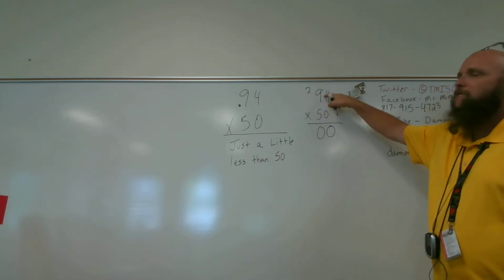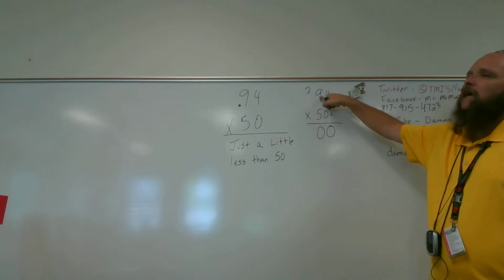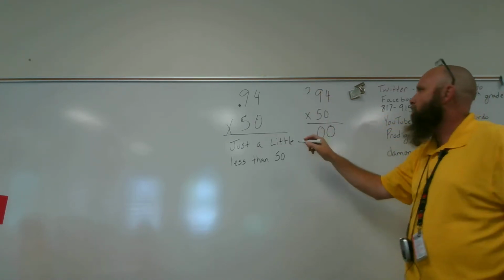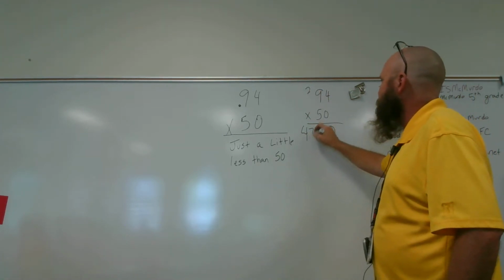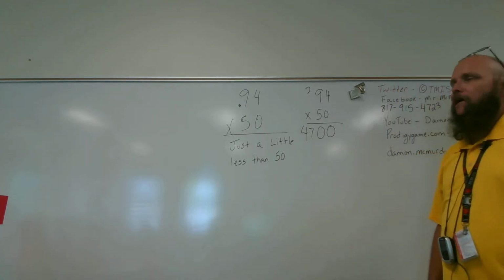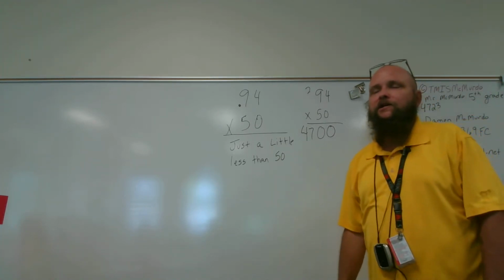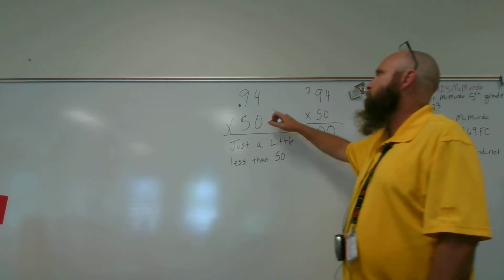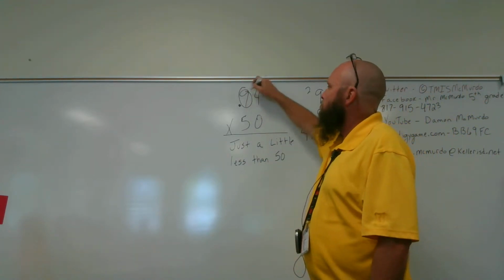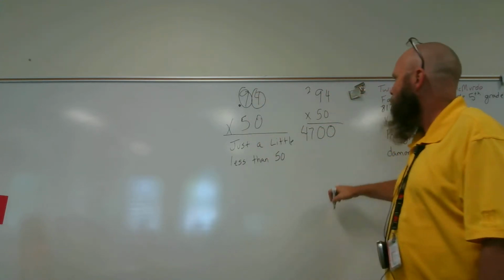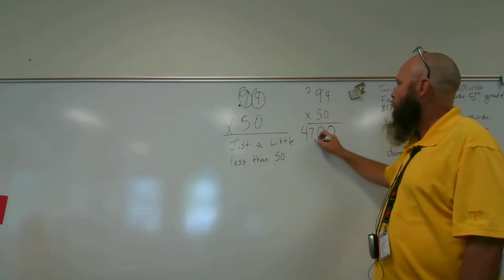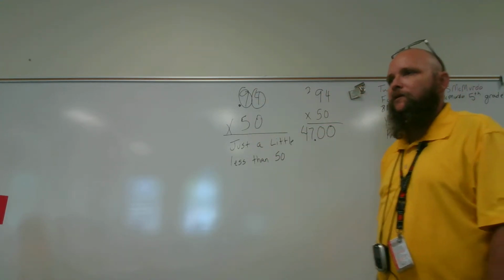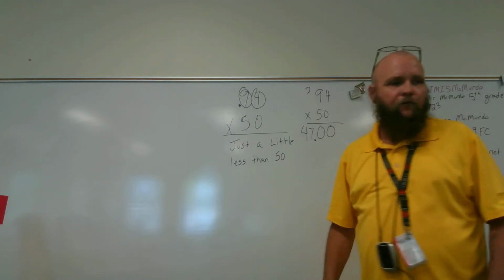I do 9 times 5, which is 45, plus 2, which is 47. I find the number of digits behind the decimal point in my factors. So that's 1, that's 2. That means there has to be 2 behind it in the answer.